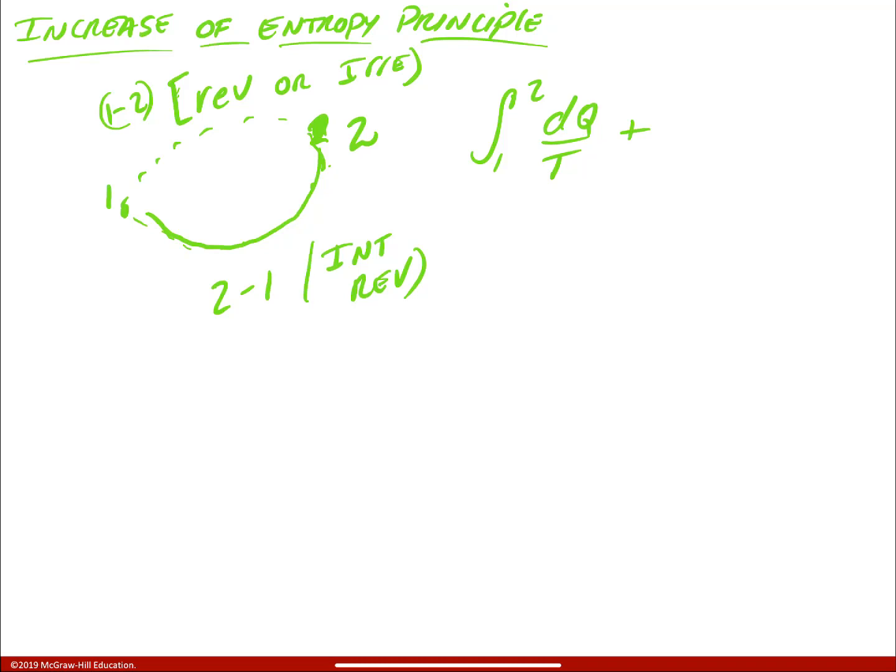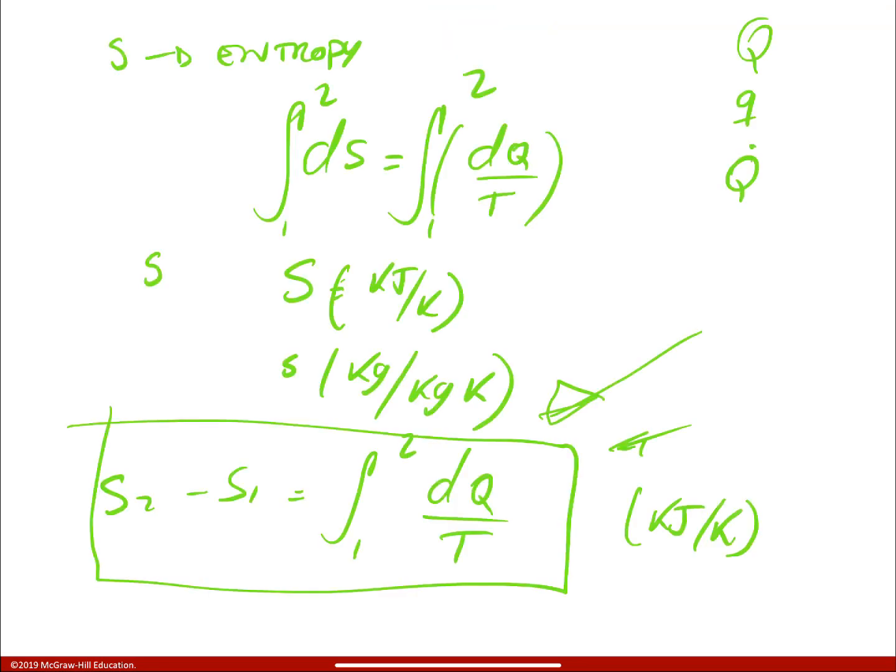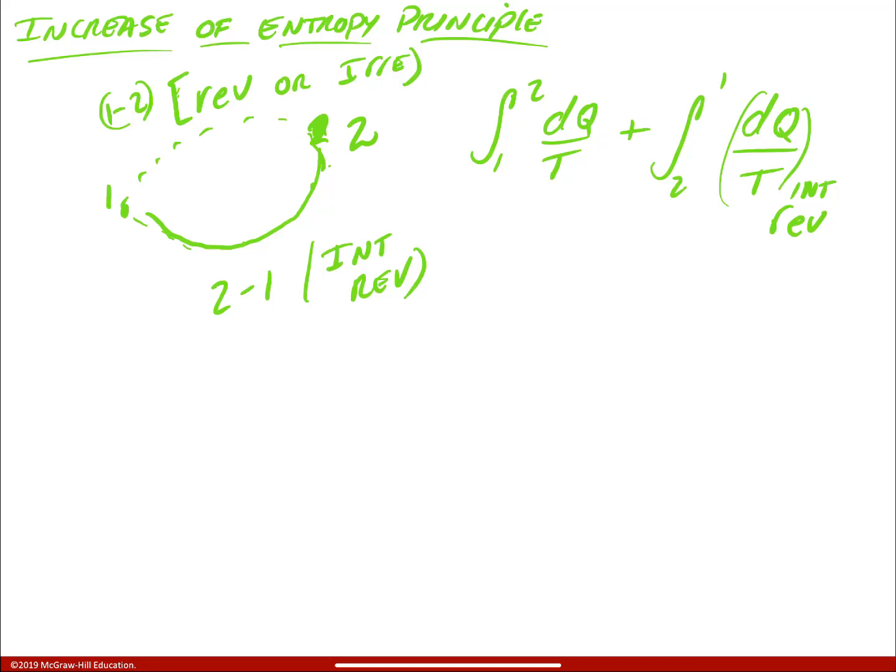Now, from 2 to 1, I have dQ over T, which is internally reversible. For the first one, I don't care, because this relation that we just developed is for any cycle. It doesn't matter if it's reversible or irreversible. And this whole thing has to be less than or equal to 0. We're just using the Clausius inequality to develop the whole thing.